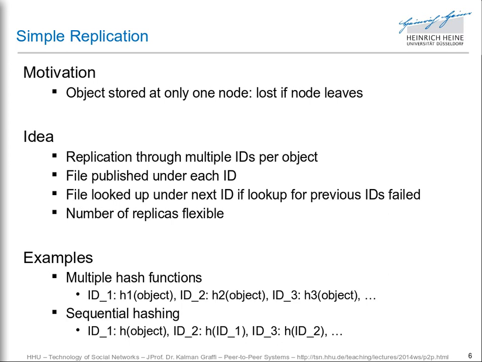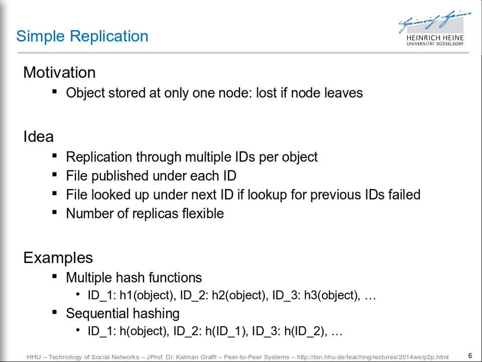Okay, now another feature. We have simple replication, with the motivation first that we are storing objects only on one node. So if this node is lost, if this node leaves, we lose this information.